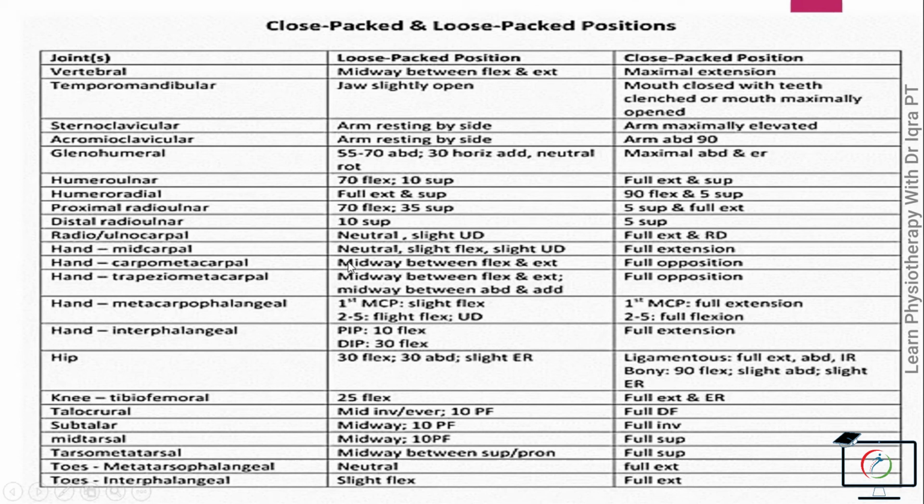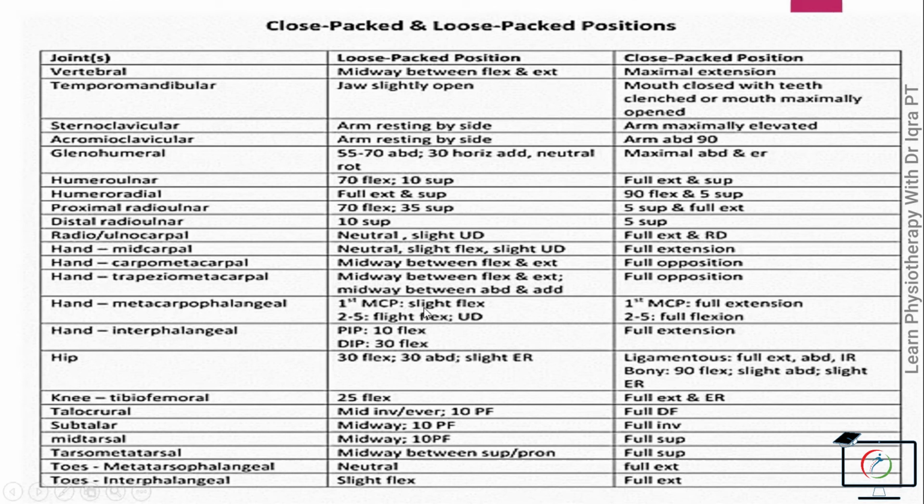Carpometacarpal joint are loosely packed midway between flexion and extension, while closely packed at full opposition. Trapeziometacarpal joint are loosely packed midway between flexion and extension and midway between abduction and adduction, while closely packed at full opposition.